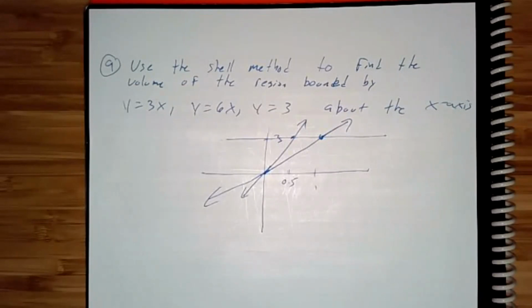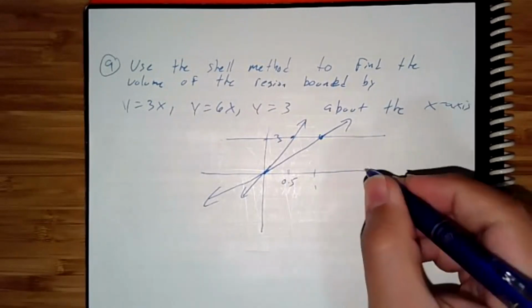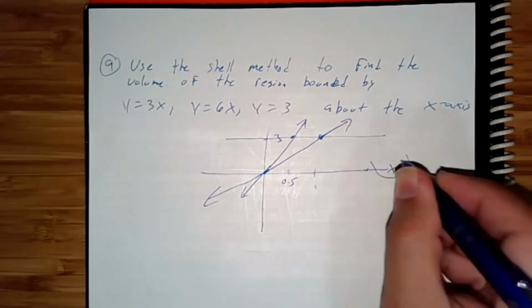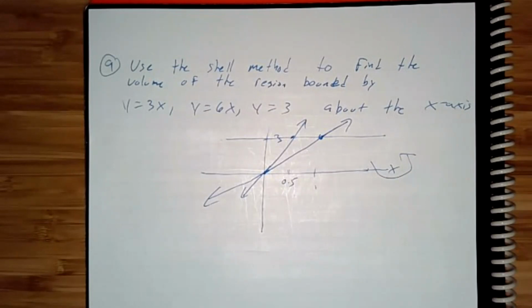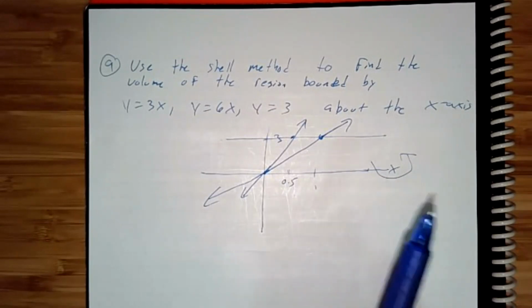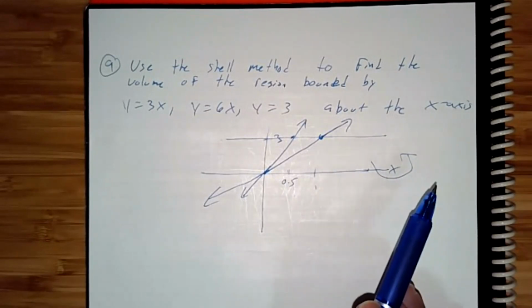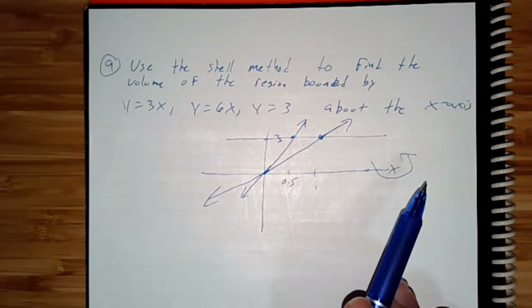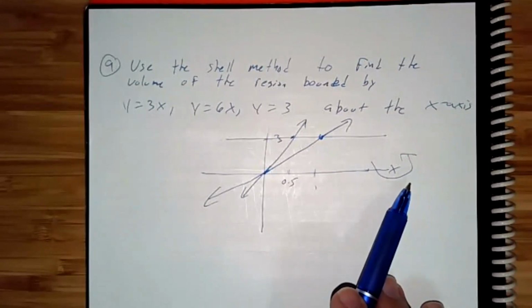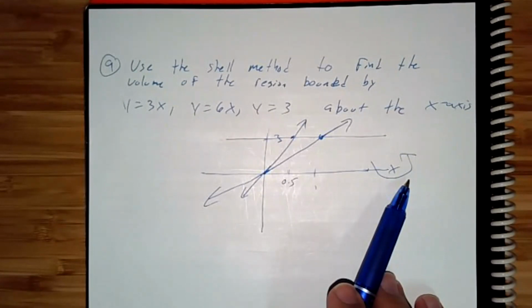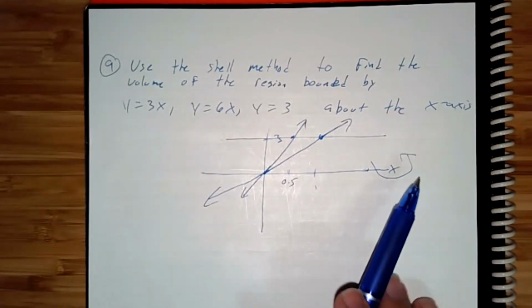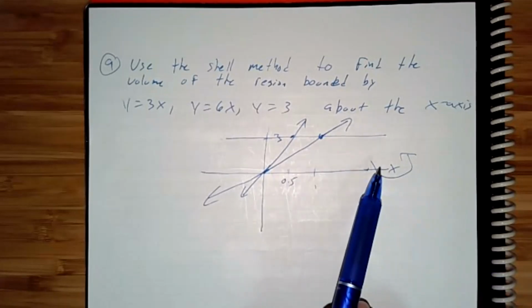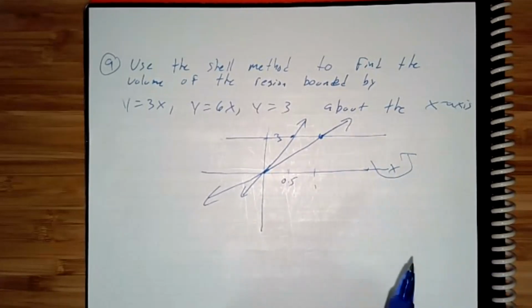where were we? So it says to use shell, and we're revolving on the x-axis, right? So if I'm revolving here and they're forcing me to do shell, which way am I slicing? Perpendicular? No. No. Upward.